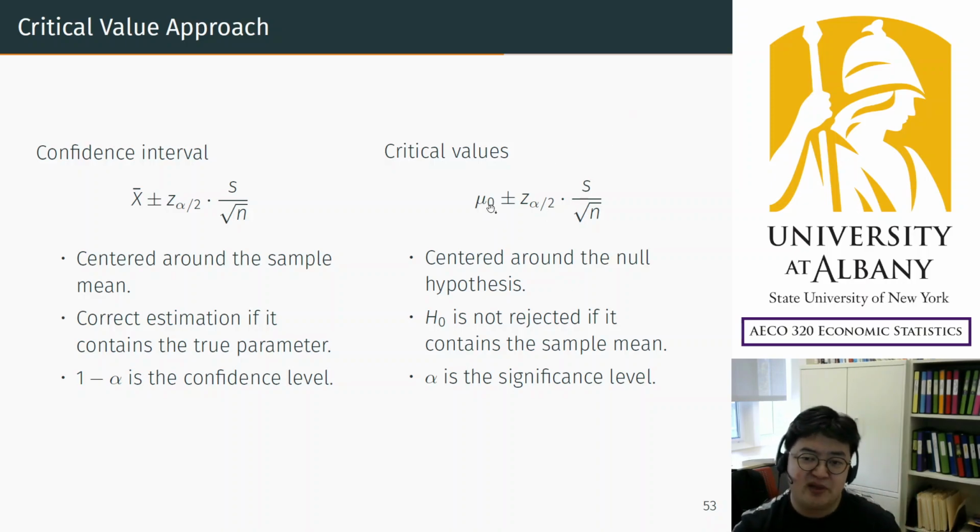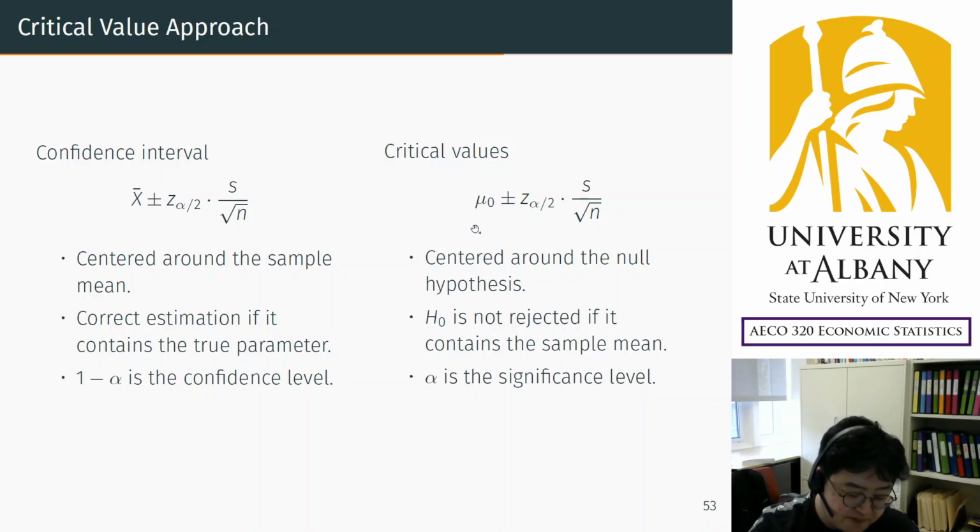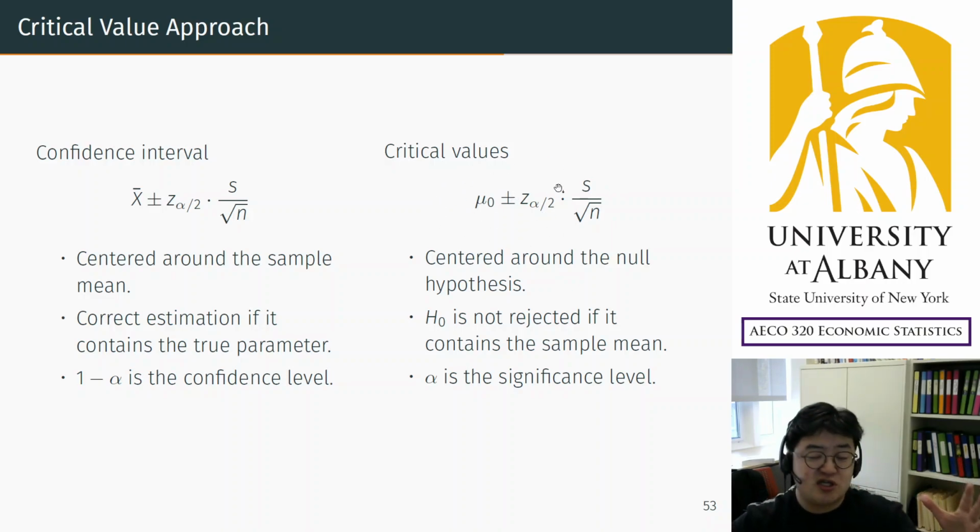I have a strong belief of mu 0. I believe that the true mean is mu 0. But then where would the sample average be? If my belief is correct, the sample average would be within this much distance.